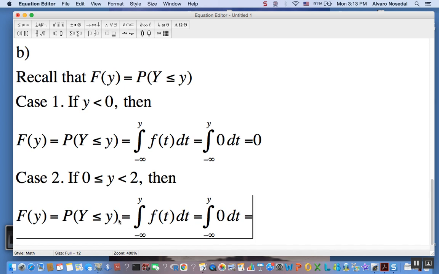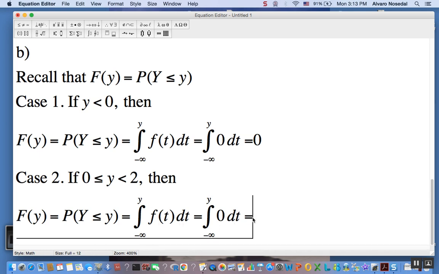You want uppercase F evaluated at some number, then what you want is the probability that the random variable is less than or equal to that particular number. And since we have a continuous random variable, it's not going to be the sum, it's going to be the integral from negative infinity up to that point of your PDF.